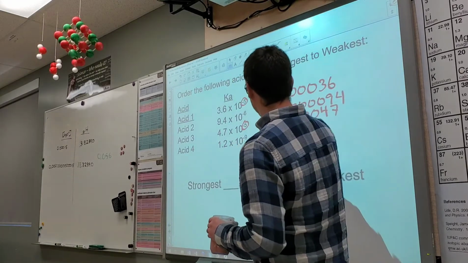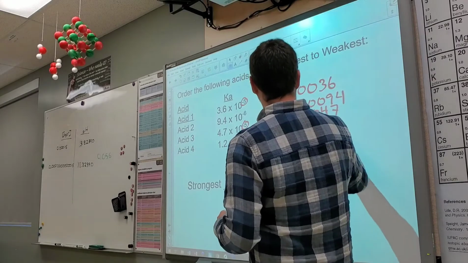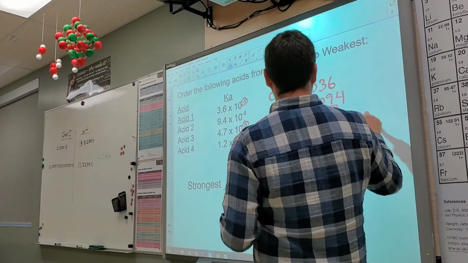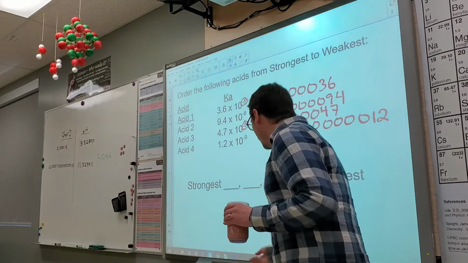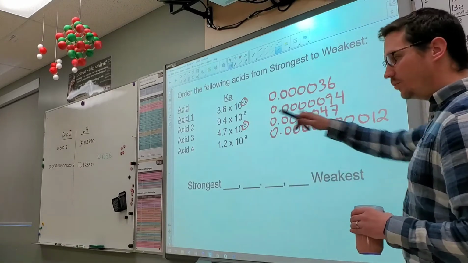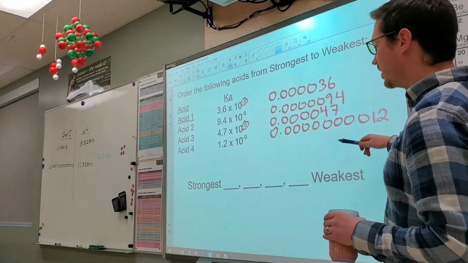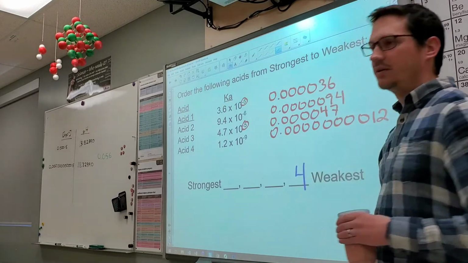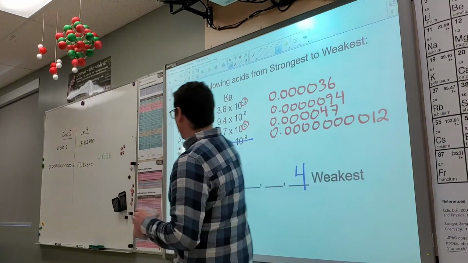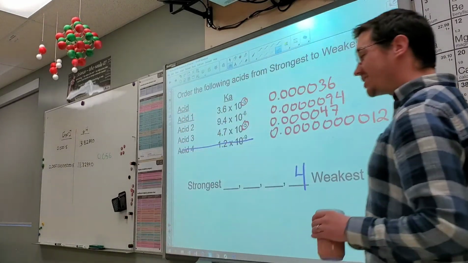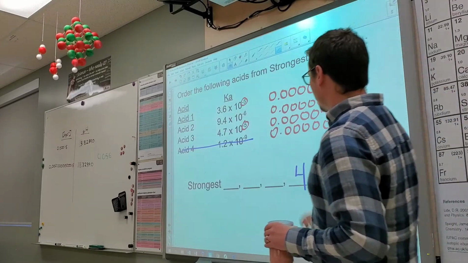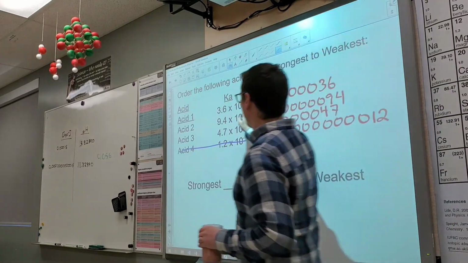And then this is 0.0000000234567812. Would you agree the smallest K, the weakest acid, is going to be number 4? Okay, sure. So that one's out. Then the next weakest acid is going to be acid number 2. Okay, so that one's out.